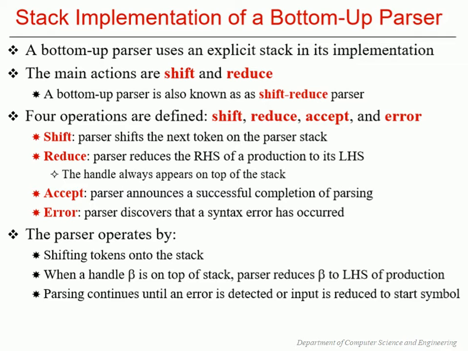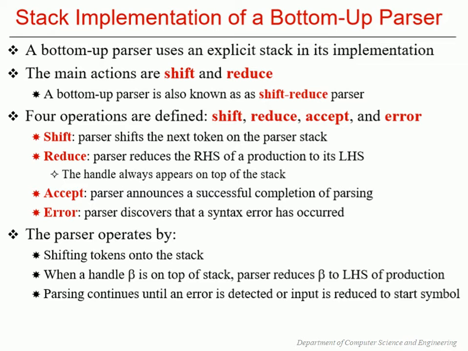Formally there are four operations: shift, reduce, accept, and error. Shift means the parser will shift the next token from the input buffer to the parser stack. Reduce means the parser reduces the right hand side of a production to its left hand side.